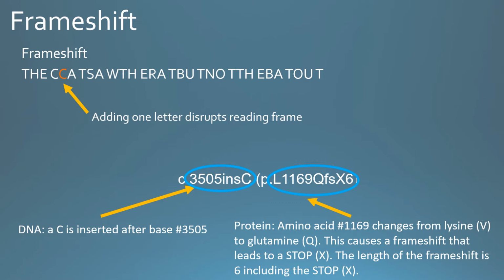And that's typically when you get a frameshift, you end up with a stop codon pretty quickly, just because if you just had random DNA letters, about 1 of every 20 codons would be a stop.